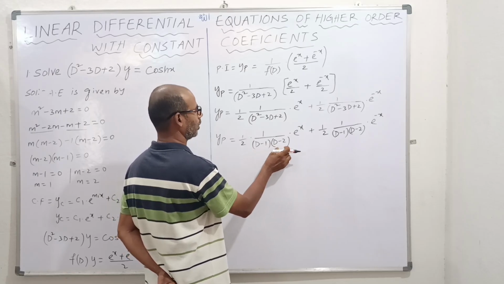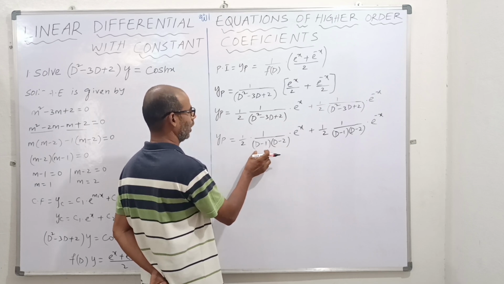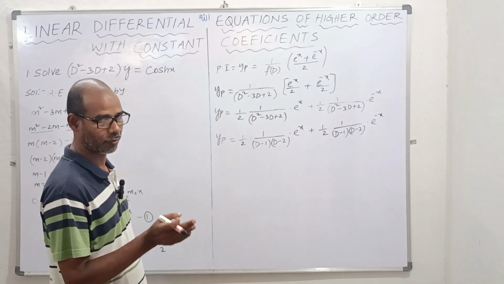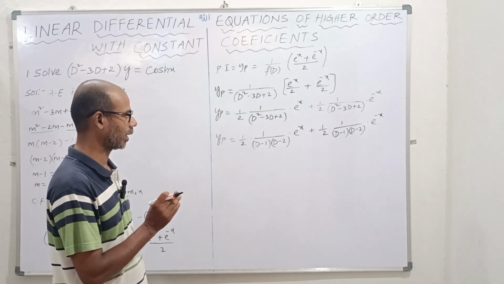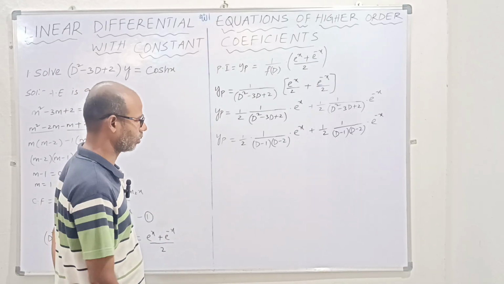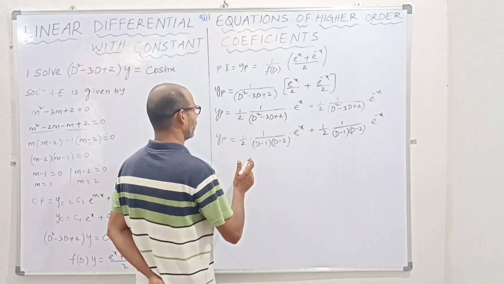Here, if I put D equals 1, this factor is not becoming 0, but if I put it here, this factor is becoming 0. So in that case, you have to put D equals a in those factors for which the denominator is not becoming 0.